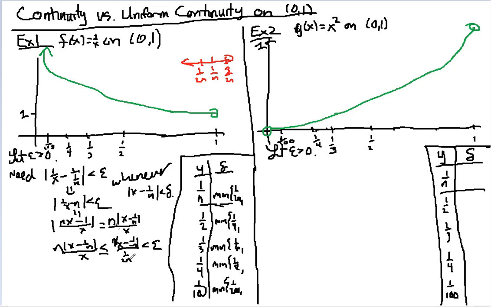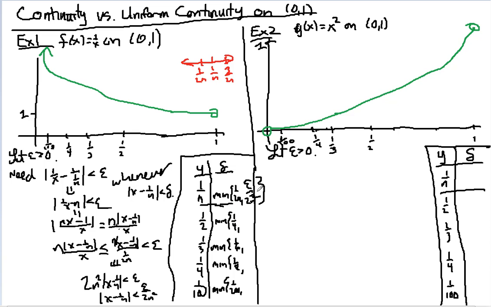So n over 1 over 2n means that I need 2n squared times the absolute value of x minus 1 over n to be less than epsilon, which is the same thing as saying the absolute value of x minus 1 over n has to be less than epsilon over 2n squared. So my generic term here is that to test for continuity at 1 over n, I need the minimum of 1 over 2n and epsilon over 2n squared.